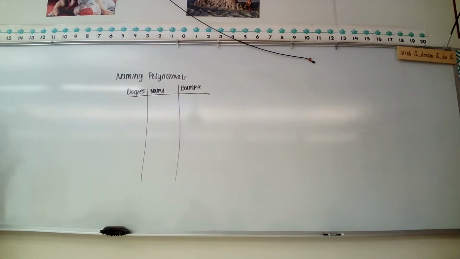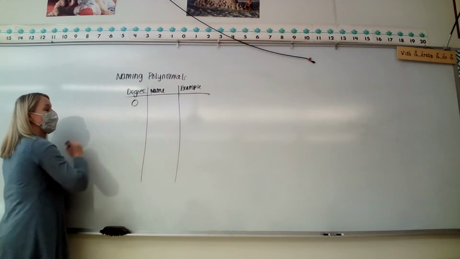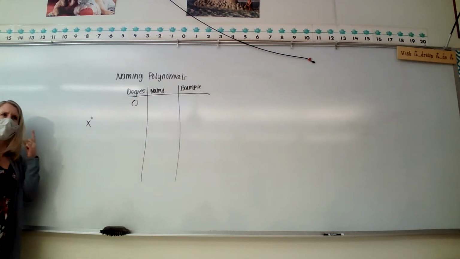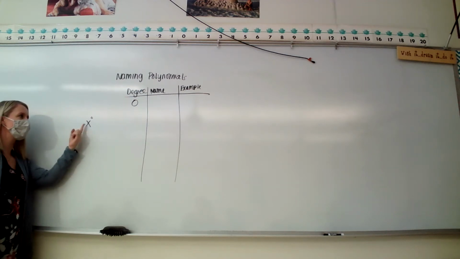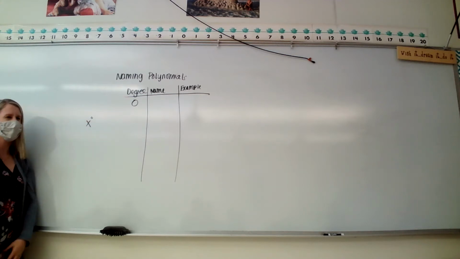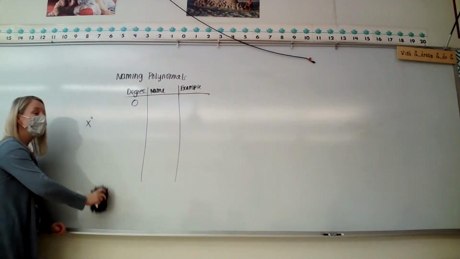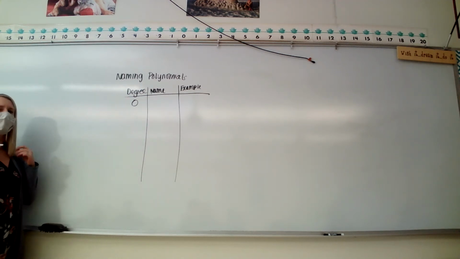So something can have a degree of 0. Can anyone remind me, if the degree is 0, that just means x to the 0. Oh my gosh, it's almost like exponents are related to this. If something's raised to the 0 power, it equals 1. So basically it ends up just equaling a number. We call that a constant.